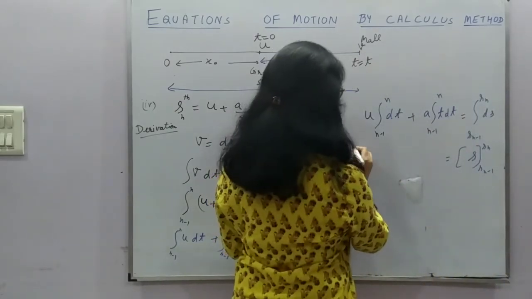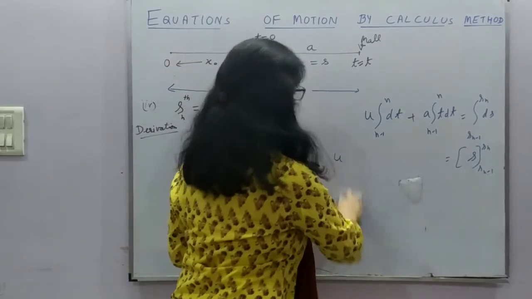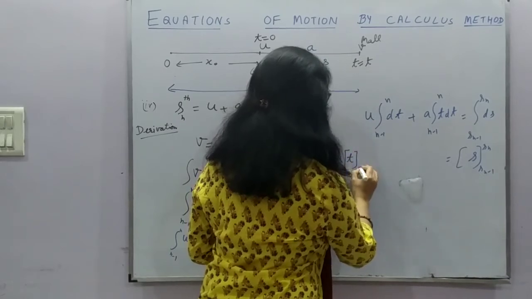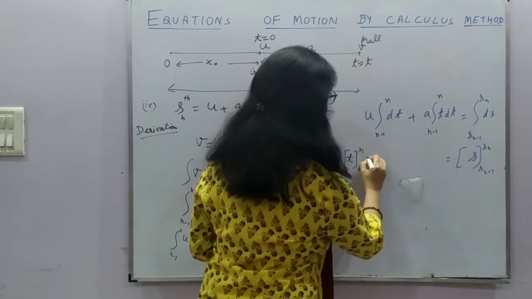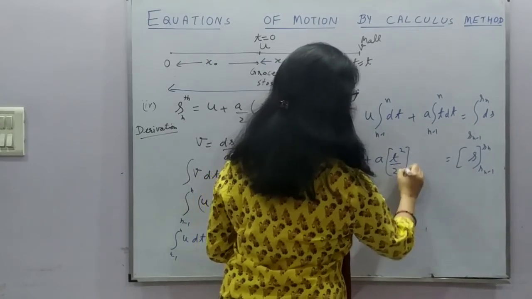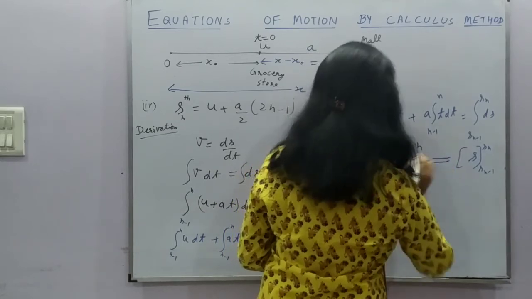This is u. Integration of dt is how much? t. So I am writing the limits now. Thus a, what is the integration of t? This is t square upon 2 and here the limits n minus 1 to n.